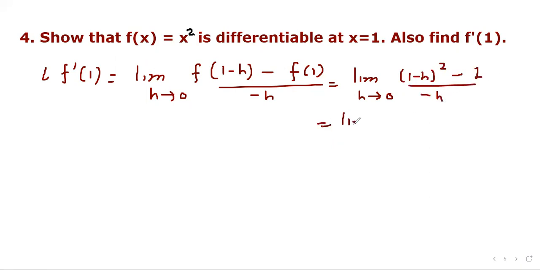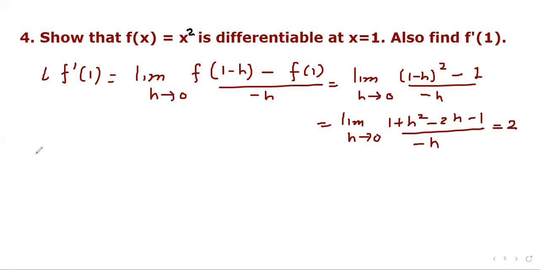Limit h tends to 0, this will become 1 plus h² minus 2h minus 1 divided by minus h. So 1 will cancel out, and here if we divide it, this will become 2 minus h. When we put h equal to 0, we get 2.